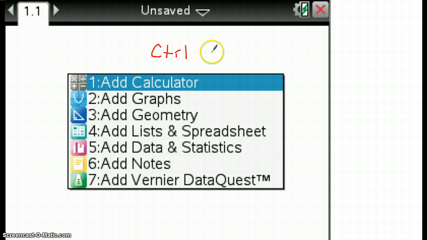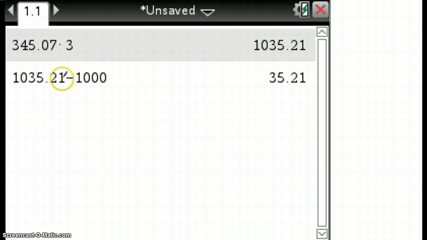We want to do CTRL DOC, and then tell it you want to add a calculator. What we're going to do with the calculator is determine what the money is, the difference. Okay, so we know the monthly payment was $345.